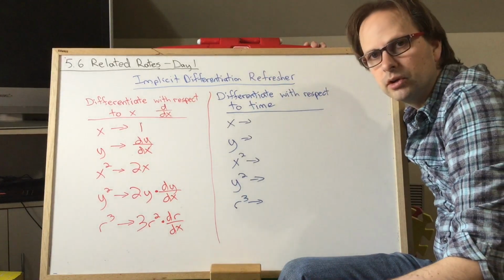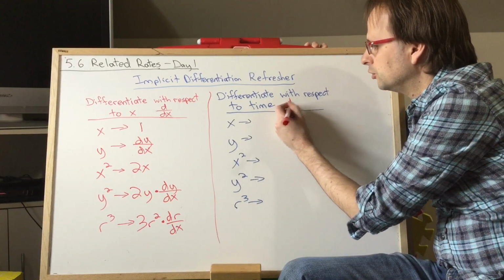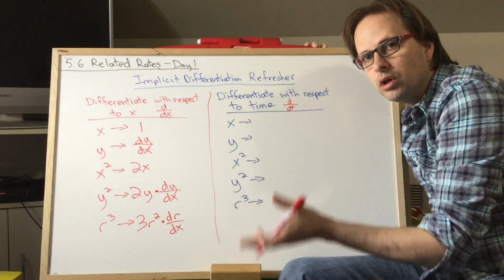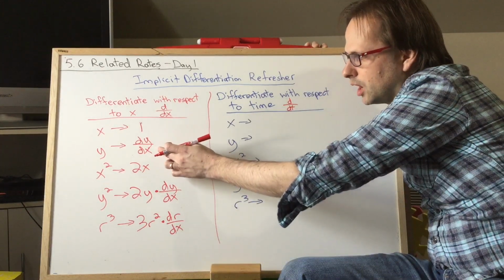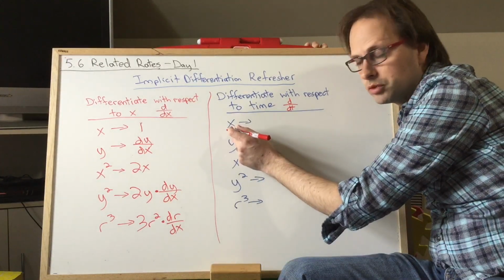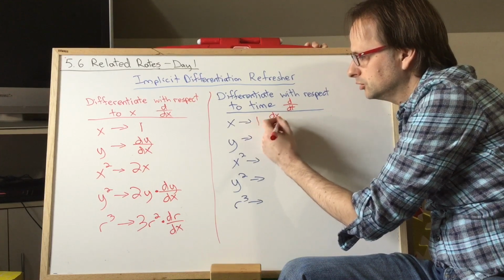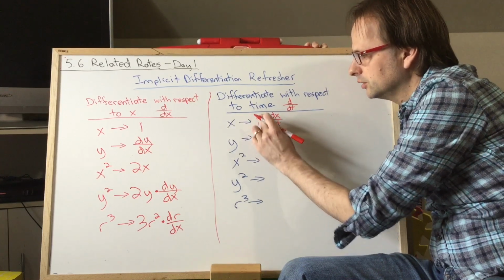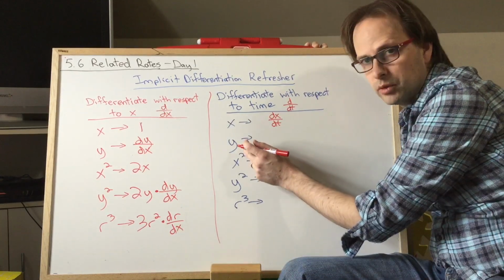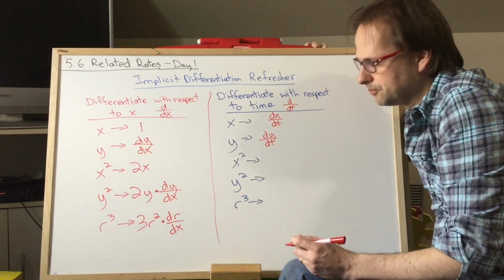Things are going to be pretty similar if we differentiate with respect to time. So here we're looking for the derivative with respect to time. But in this case, all of the variables behave like y or r did over here. Even for an x, the derivative of x with respect to time is dx by dt. The derivative of y with respect to time is going to be dy by dt.